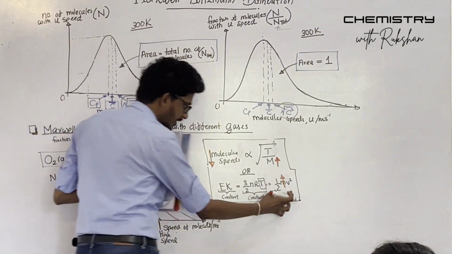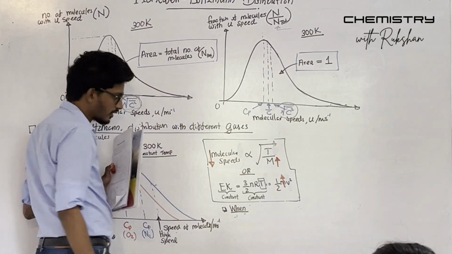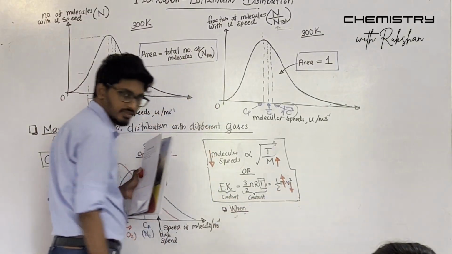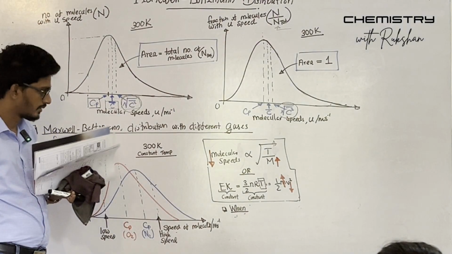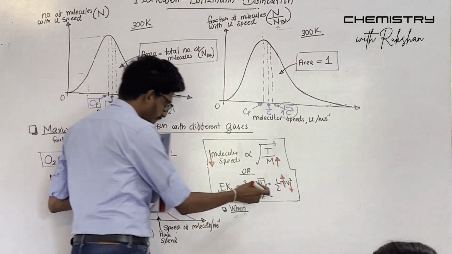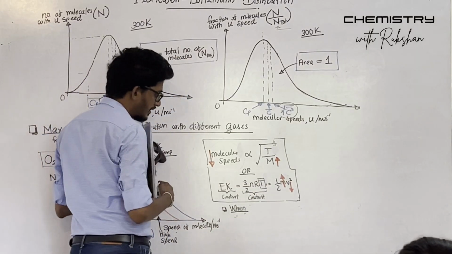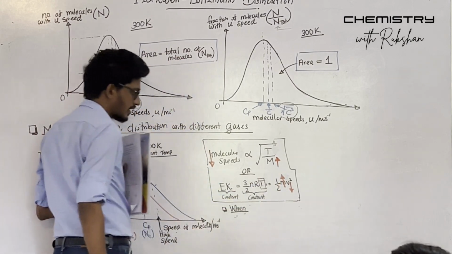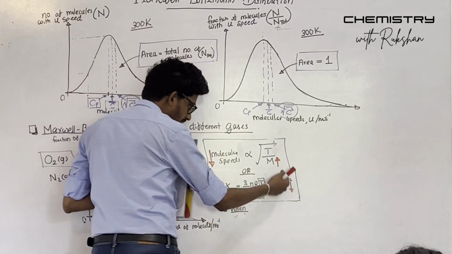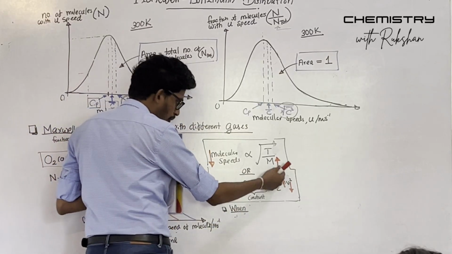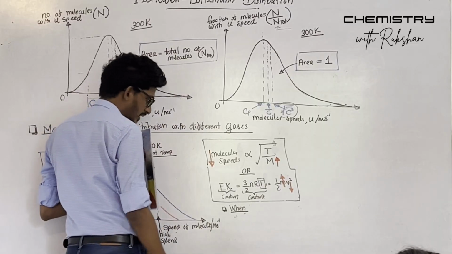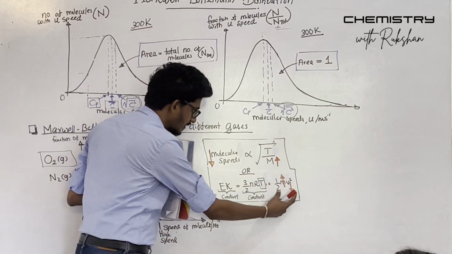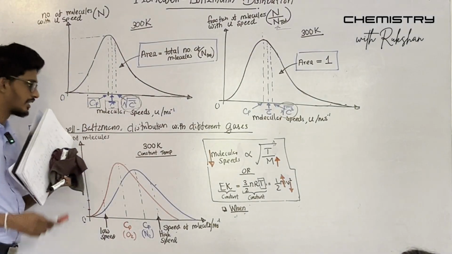To keep this value a constant, the speed should decrease proportionally. As the temperature is constant, the kinetic energy is a constant, so this whole thing is a constant. With greater molecular weight, the particles have more mass. The O2 particles have more mass than the N2 particles, so their velocity should decrease to keep this thing a constant, right? So that is what happens.